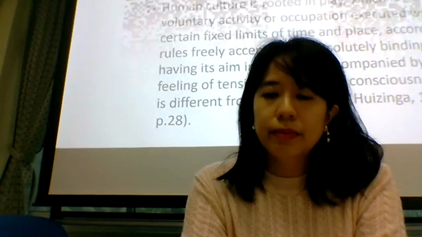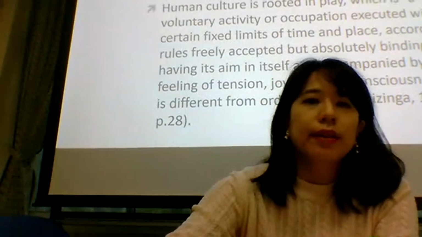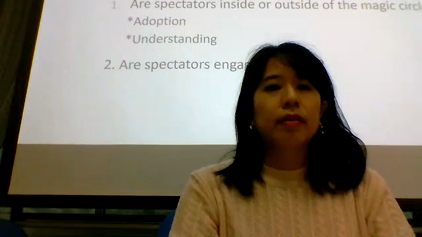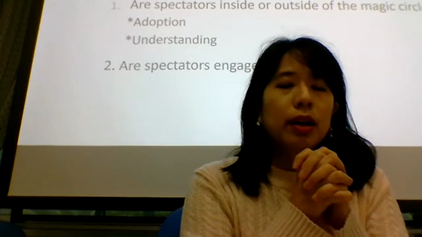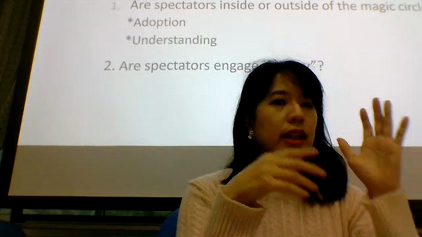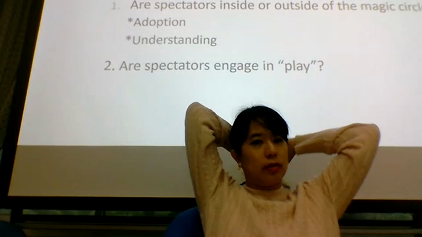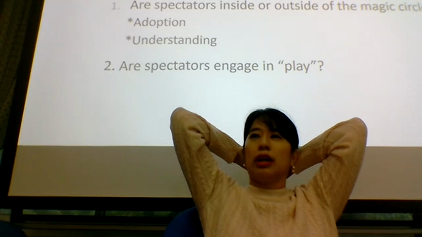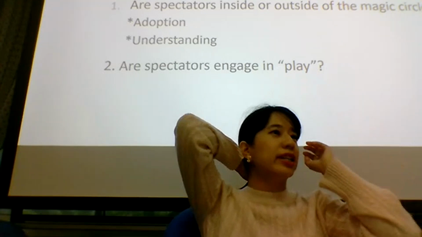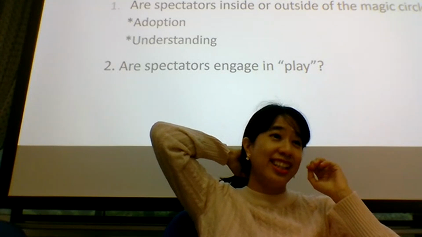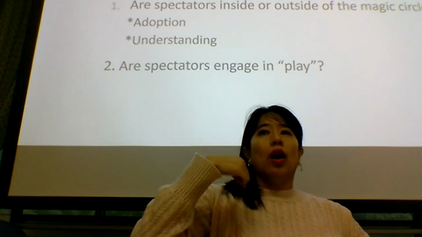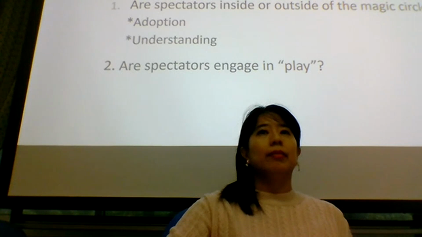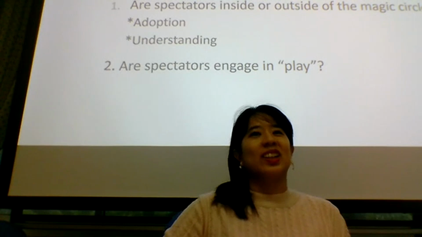So, spectating in game theory. They talked about spectating way before. One question that is very interesting is: do you think spectators are inside or outside the magic circle? What is a magic circle? Do you still understand that? Magic circle means that when you are the one playing the game, you are in the magic circle.